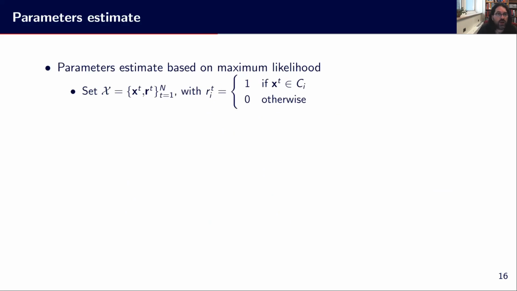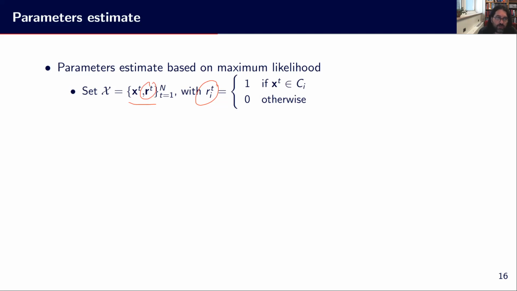Now the question is, how do we do the parameters estimation based on maximum likelihood? So we have a data set here, which is made of x's, and these are the vector of values for each sample from 1 to N. We also have the r^t vector, the r values, which are the labels.